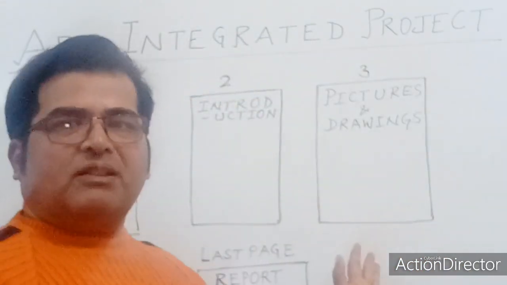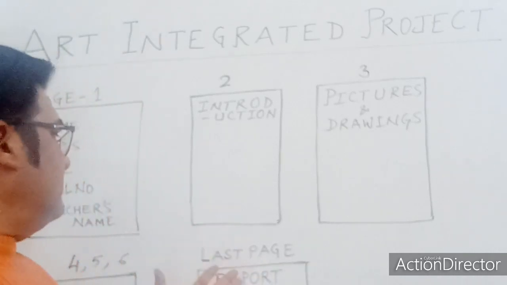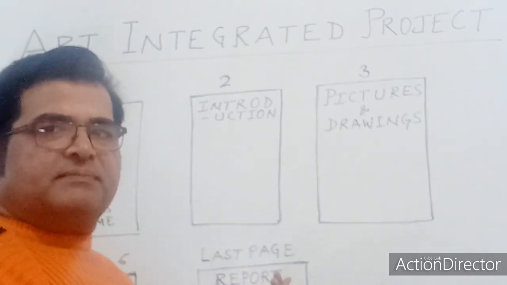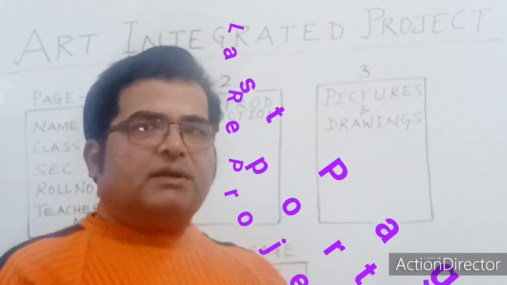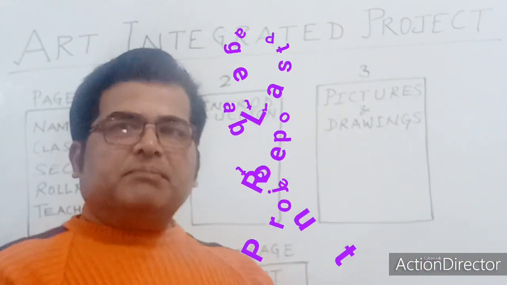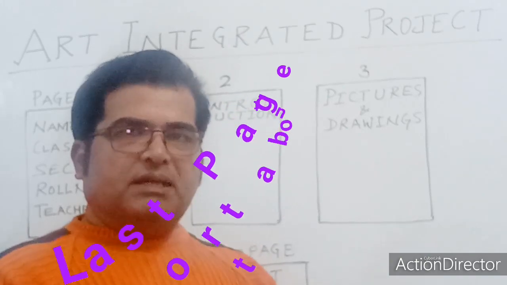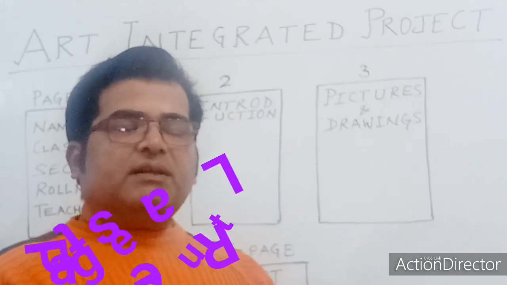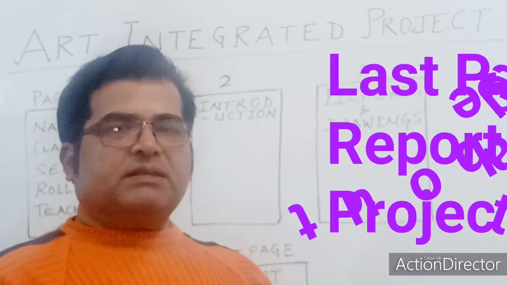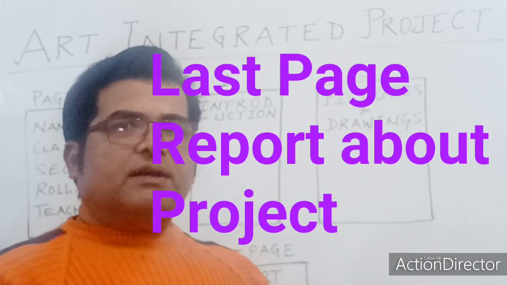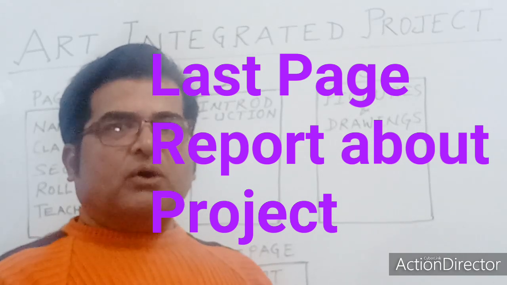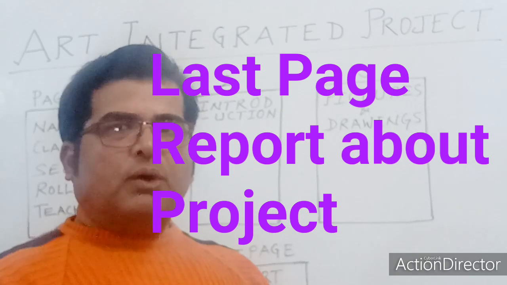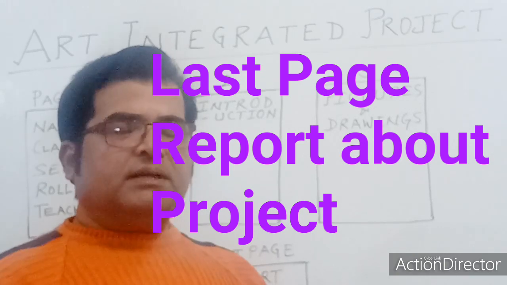Then after doing all that mathematical, then in the last page you have to write the report about this project, means how many students involved in it, then sources from where you got information. You can write internet, and through internet or book's name, then which website or link you have used, you have to write about that.